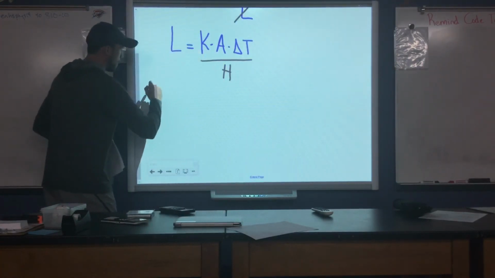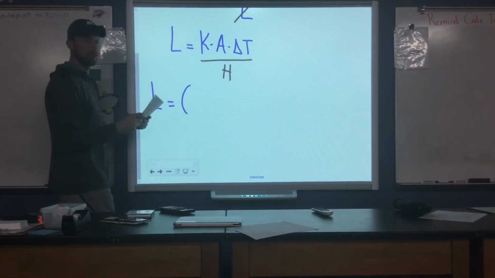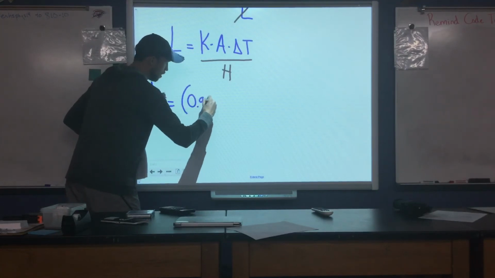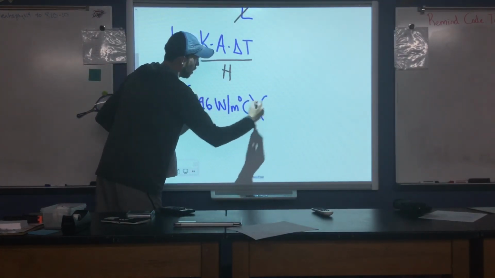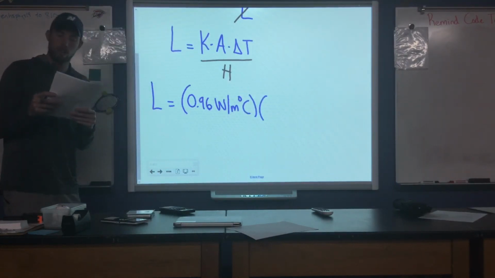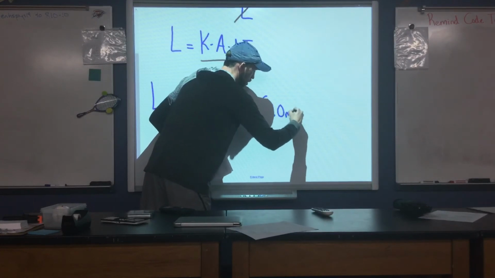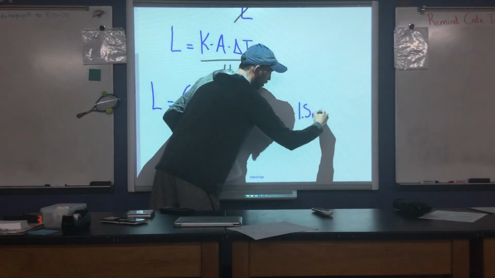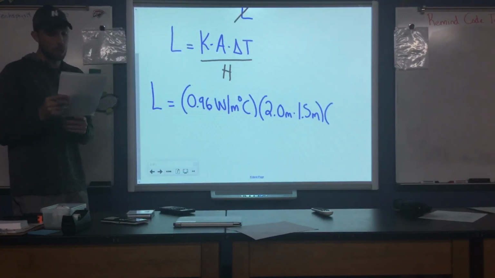So let's plug in what we do know. The length or thickness, we need. The thermal conductivity, we're told, is 0.96 watts per meter degree Celsius. The area, we can use the dimensions of the window, 2 meters by 1.5 meter. And then the difference in temperatures between the warm area and the cold area.